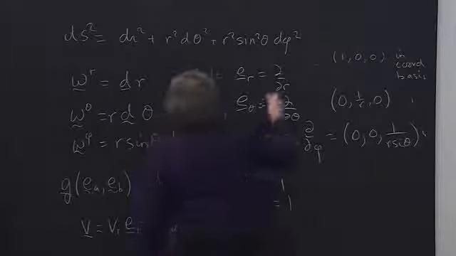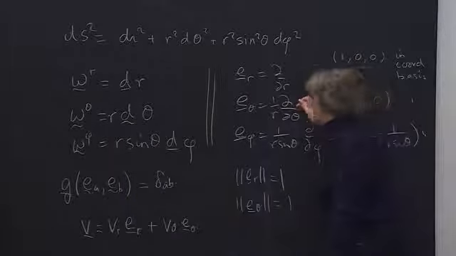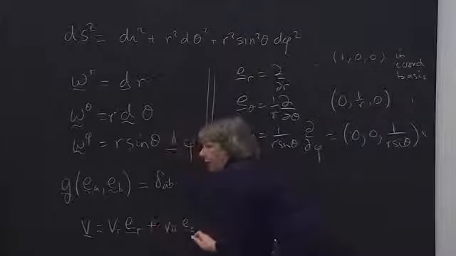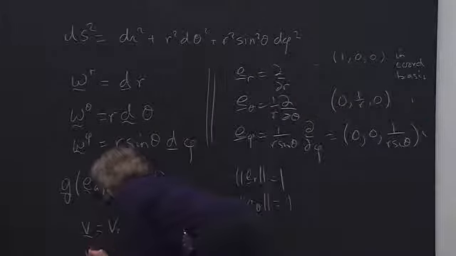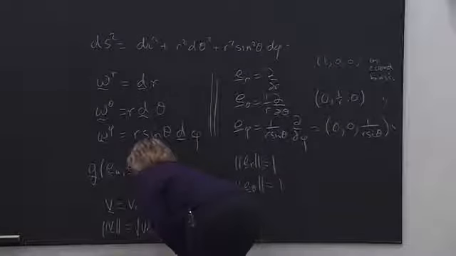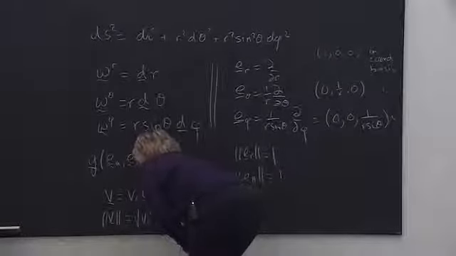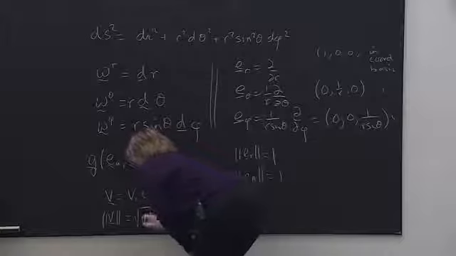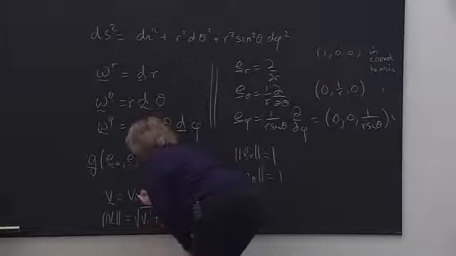So I've decomposed it here, with the 1 over r hiding there. The norm of V would be the square root of V r squared plus V theta squared. So that's like putting hats on it.